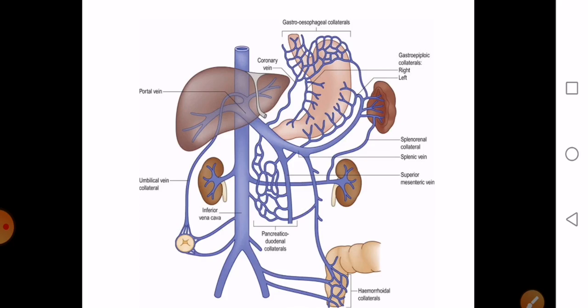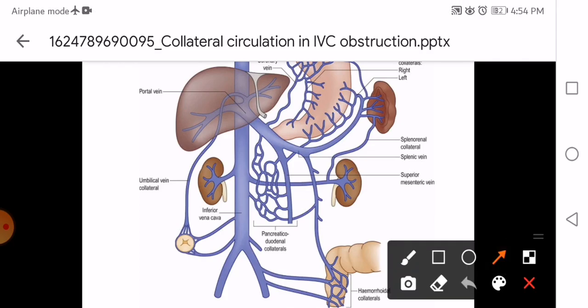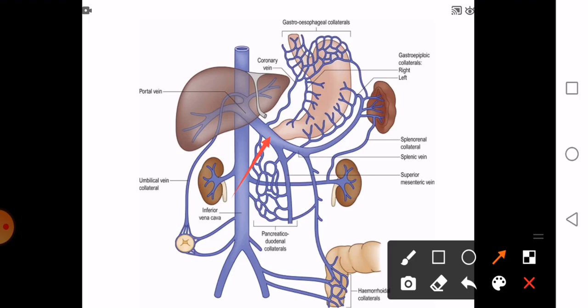So here you can see the portal vein. This is the portal vein, and you can see its formation here, and this is its termination inside the liver. In the liver, the blood will be terminating in the hepatic sinusoids, and they will ultimately join and drain into the inferior vena cava.